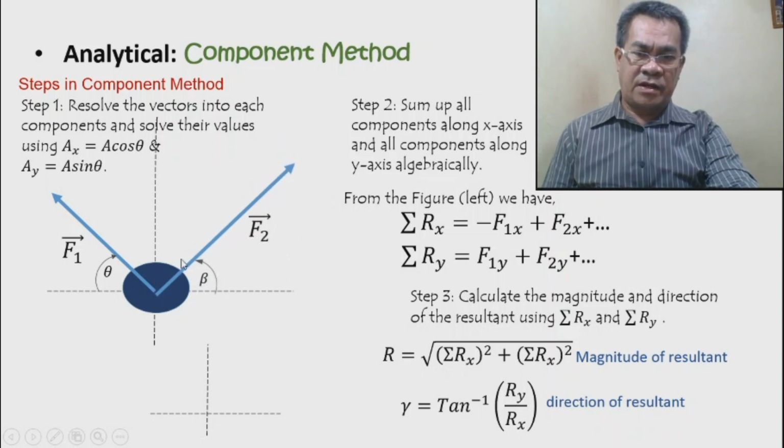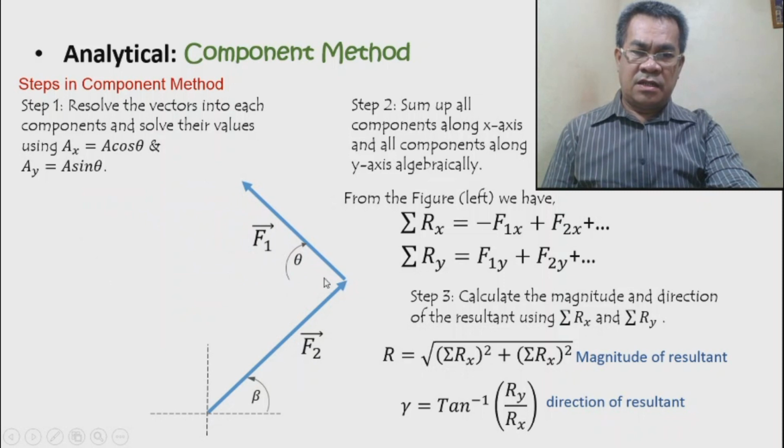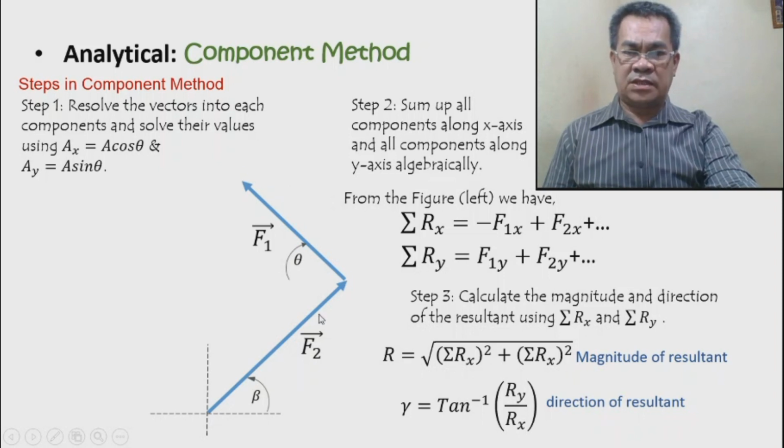So if we have this F1, then connect the F2 at the tip of the F1, from the tail of F1 to the tip of F2, then we have this line. So the closing line, remember, is the resultant. So the resultant is coming from this tail to the tip of the last force.